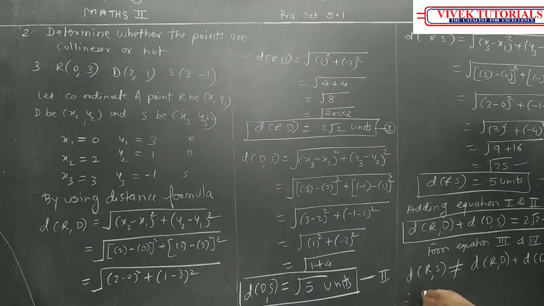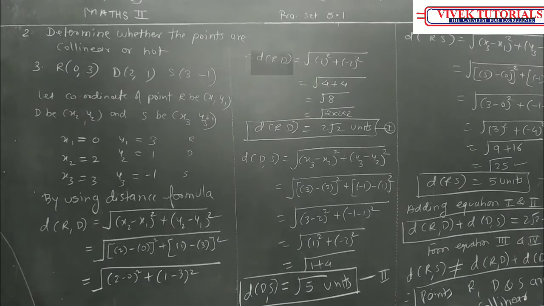Therefore, points R, D and S are not collinear. That we are going to put in a box. I think you understood how I did it. Copy it. Fourth question.